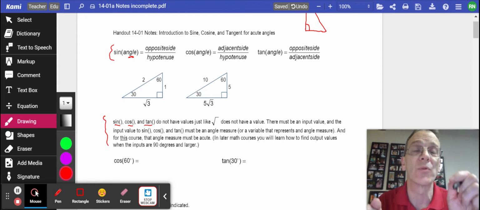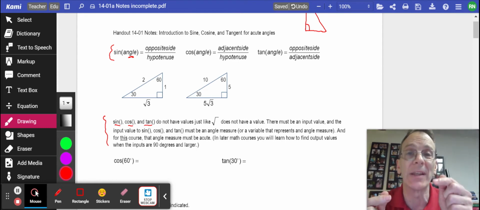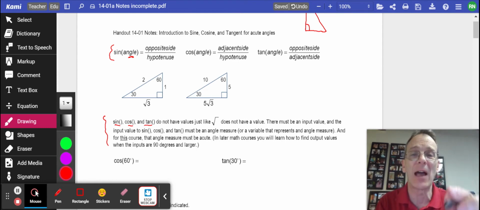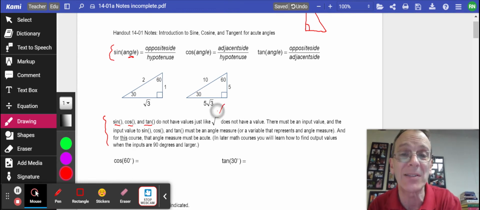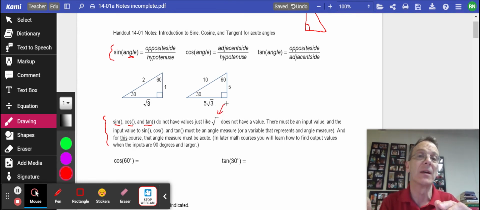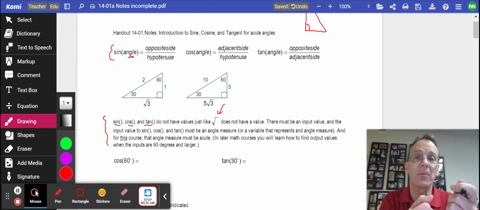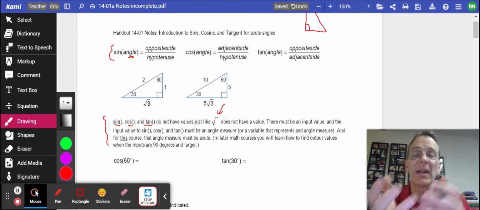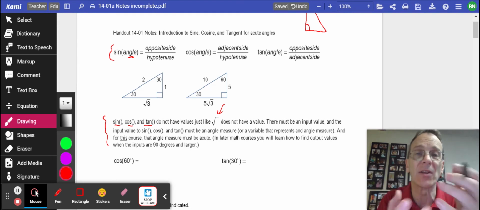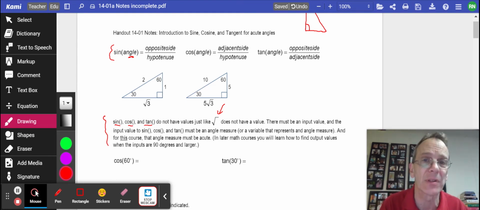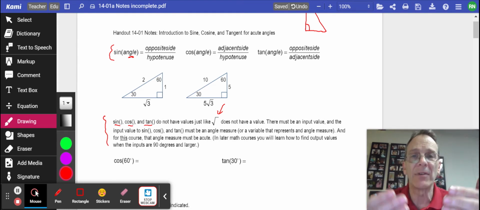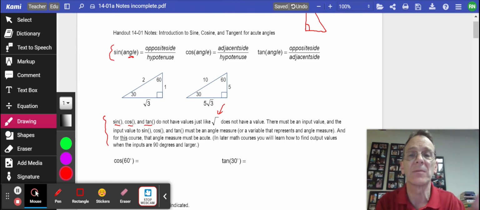Just like the square root symbol without an input into it does not have a value. Square rooting is a process. You can think of it as a way of getting to a particular result, okay? Sine and cosine and tangent are ways of getting to a particular result, but you don't have a result if you don't have an input to the process, okay?